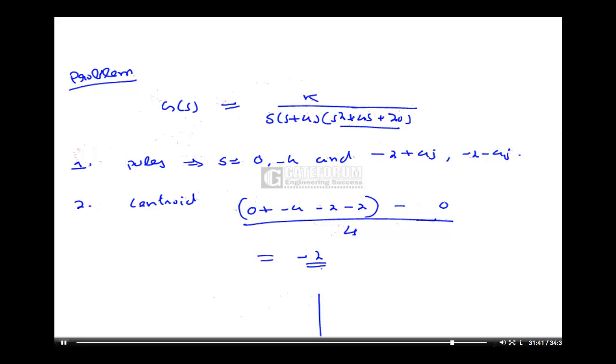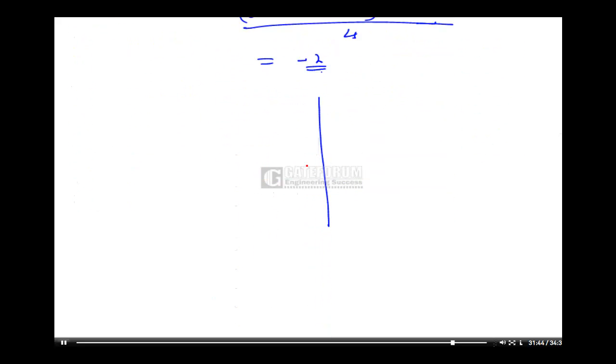Now if I see the position of poles and zeros, one at 0, another one at minus 4, and two poles which occur in a complex conjugate pair, minus 2 plus 4j, minus 2 minus 4j. So from the position of poles I can find that my root locus will lie only in this region. Now these two poles will come together and they will break away at some point.